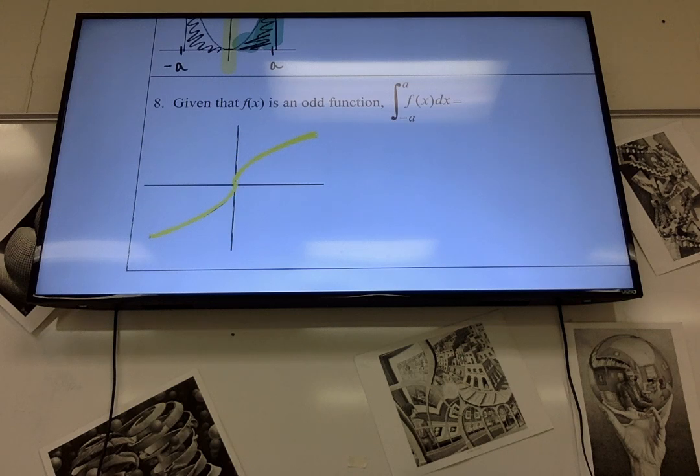So that's symmetric with respect to the origin, things that look like this. So if I'm going from negative a to positive a, then the area under those curves actually will cancel each other out. They're exactly the same, except for one's positive and one's negative. So that really simplifies the integral. It makes it 0.